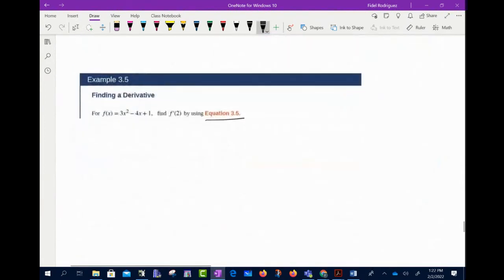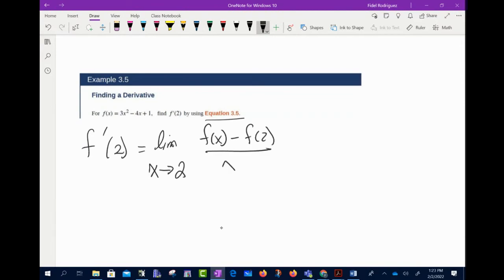Okay, so I'm going to write it like this. We're going to find f prime of 2, which is going to be equal to the limit as x approaches 2 of f of x minus f of 2 all over x minus 2. Okay?